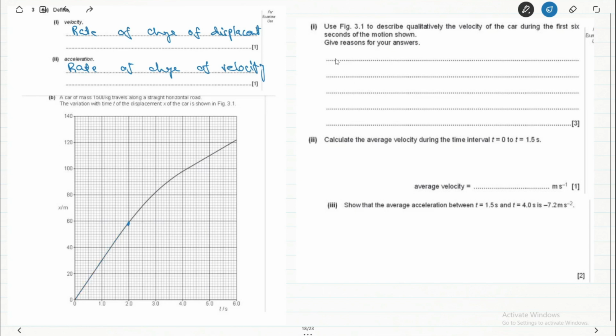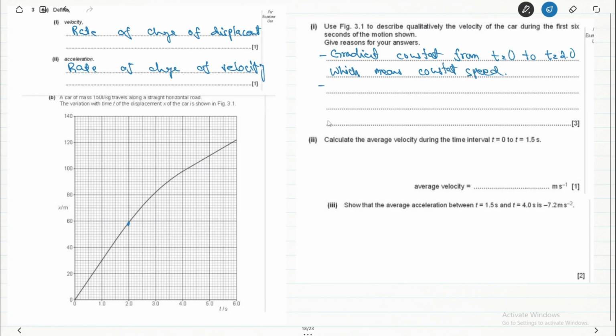So the first thing I'm going to write is gradient constant from t equal 0 to t equals 2.0, which suggests constant speed at that time, right?